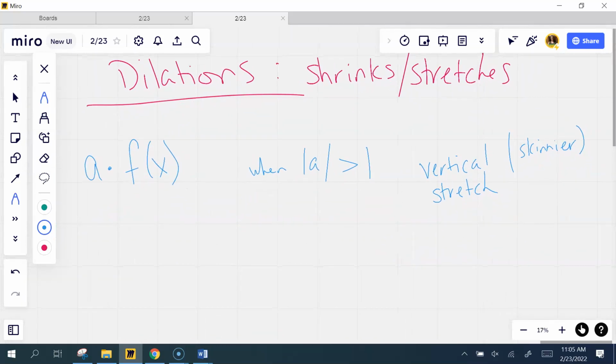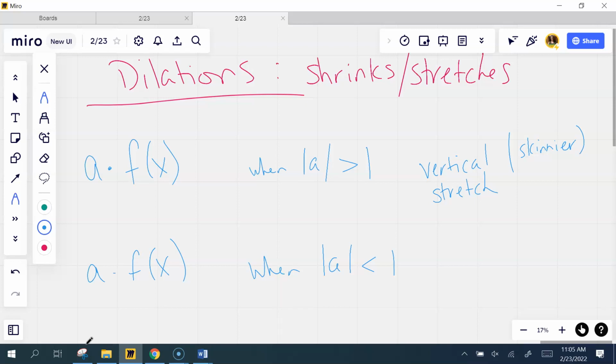And then the other one says when, and this one's a little bit harder to understand, but because we've already done quadratics, what kind of numbers am I talking about? If it's absolute value, it's always positive. So what kind of positive numbers are less than 1? Decimals and fractions, right? 1/2, 1/4, 1/3, those kind of things.